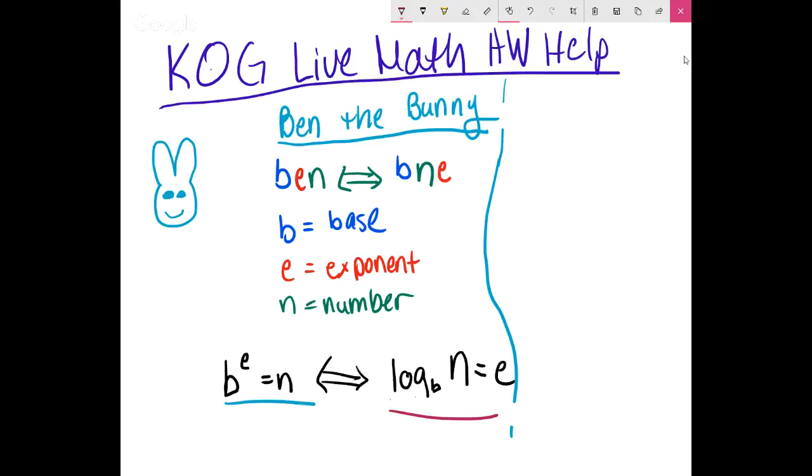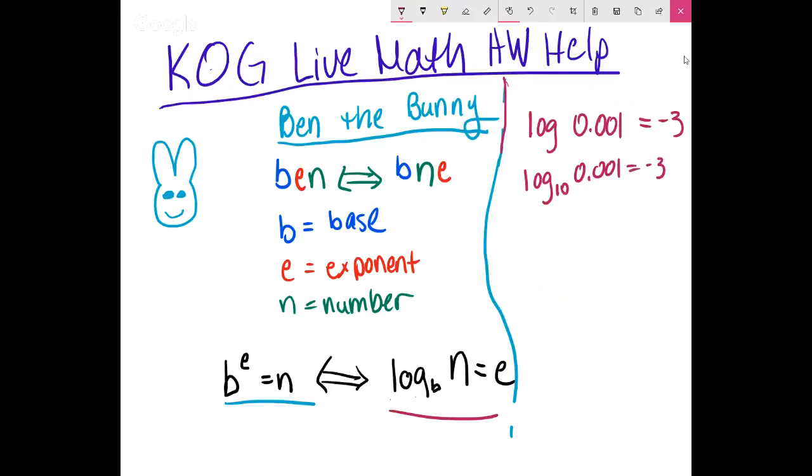All right, one more. We've got log 0.001 equals -3. Okay, so hey, person who just jumped on. I don't see a base in this logarithmic equation. Like I said before, when you don't see a base, that means the base is 10.